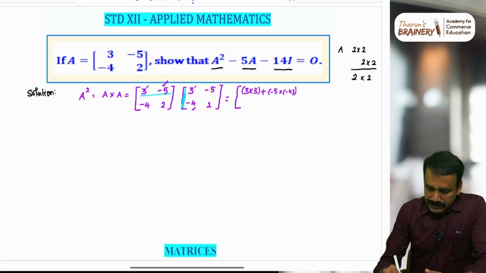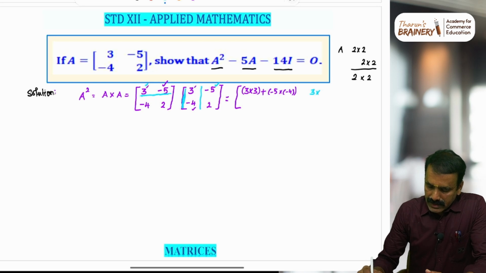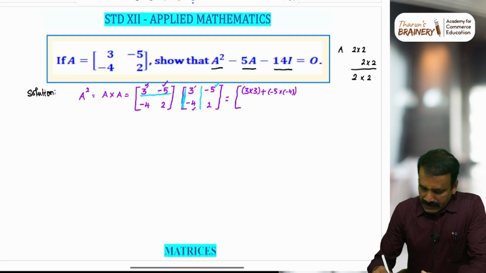Next we multiply first row with second column. So again first element is multiplied with the first element. So it is 3 into minus 5, plus second element multiplied with second element of the second column.